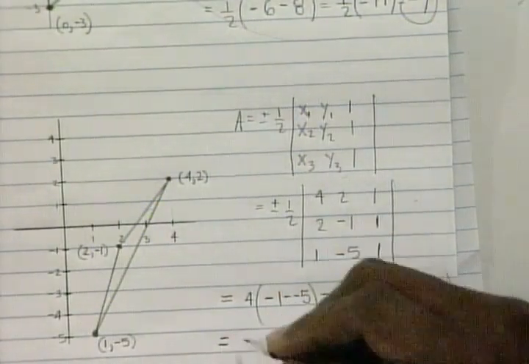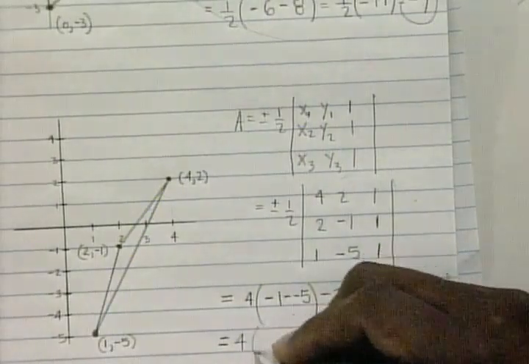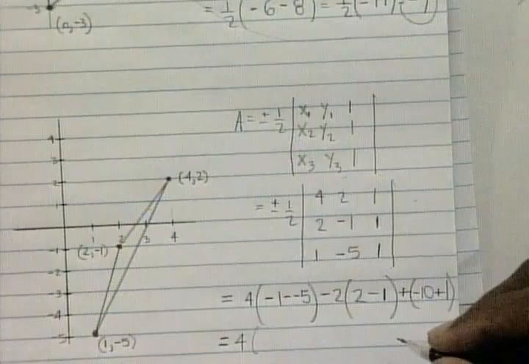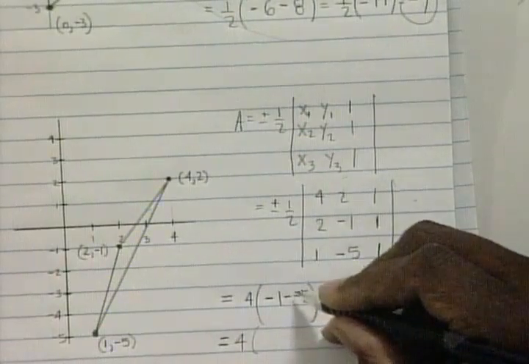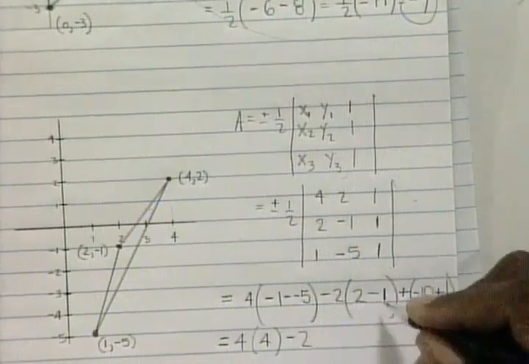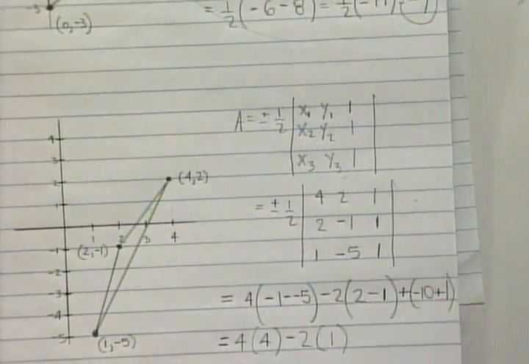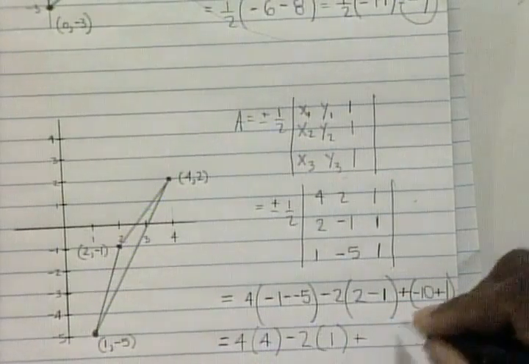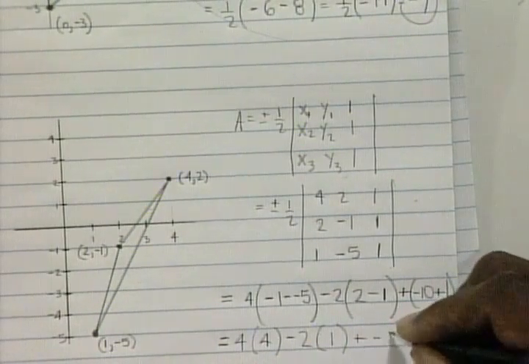So we end up with 4 times negative 1 minus a negative 5, which is 4. And then we end up with minus 2 times 2 minus 1, which is 1, plus 1 times, this would be negative 9.